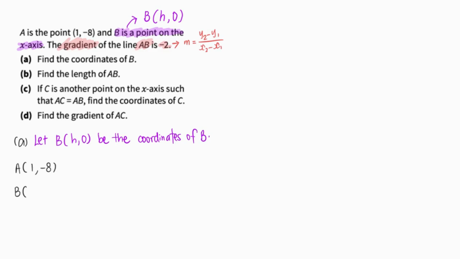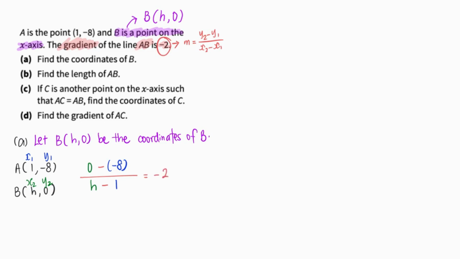My point B, now we are going to let h be the x coordinate, so that I will have my x1, y1, x2, y2, and the gradient then, given this, would be 0 minus my -8, over h minus my 1, and we know that this is equal to negative 2.